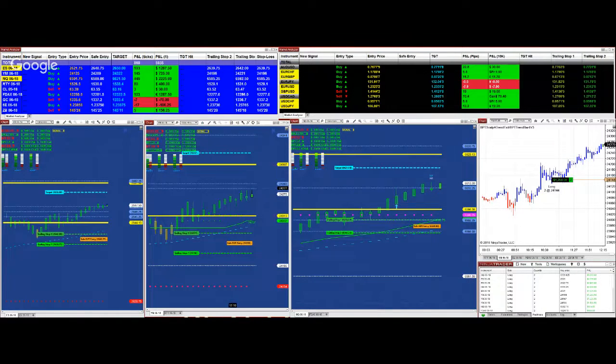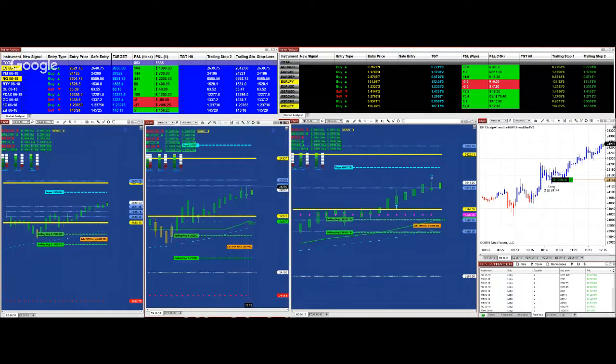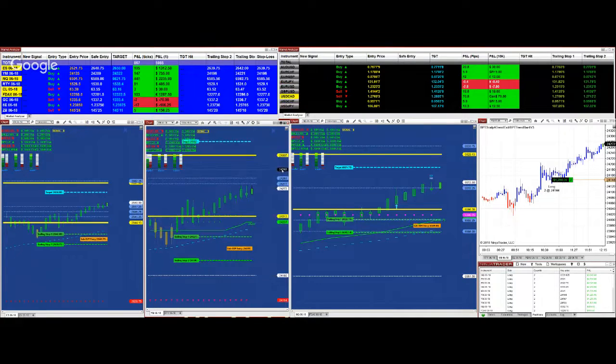If we notice on the YM, we have 1 bar, 2 bars, 3 bars, exactly to our resistance line right there, exactly to the 24,277.